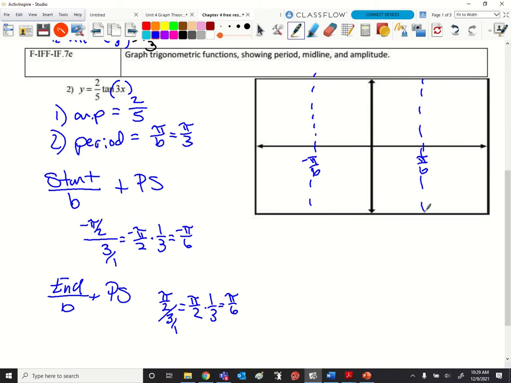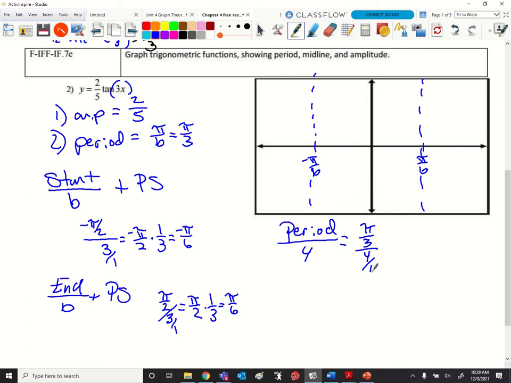Now, to get my pieces in between, I would go period divided by 4. In this case, the period was pi over 3 divided by 4 over 1.